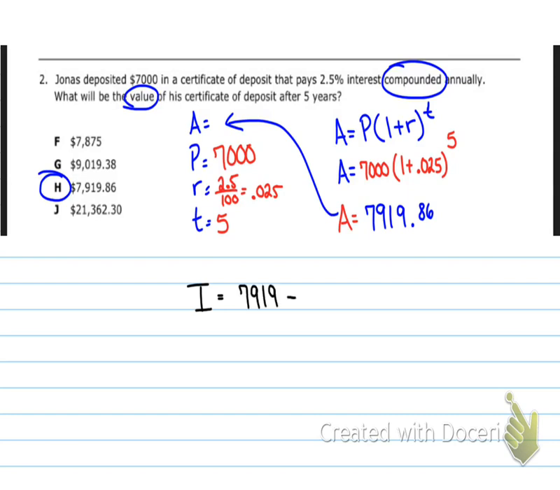All you got to do is get your total amount and take away what you put in. In this case, Jonas finished off with 7,919, but he put in 7,000. So if we take away the 7,000, he really made $919, technically 0.86 cents, but that's how much his money grew by. So that would be my answer for interest.